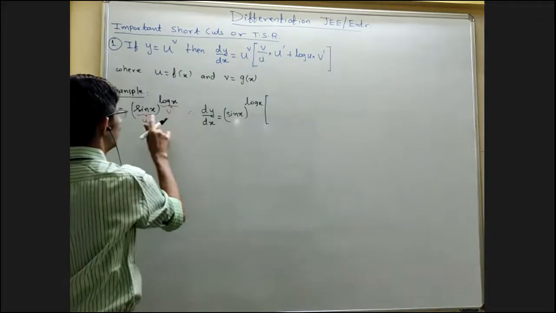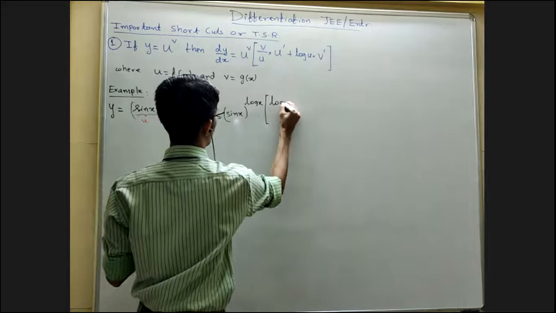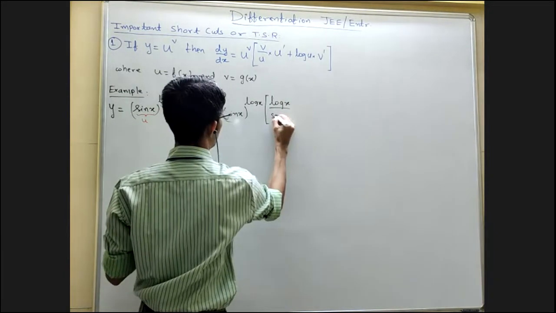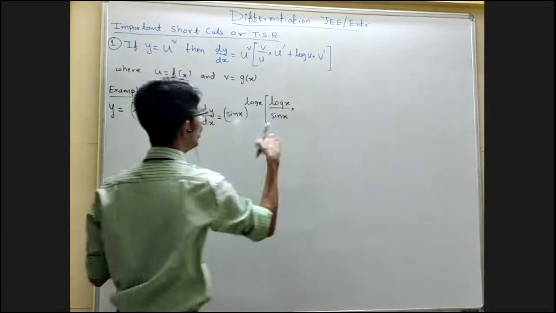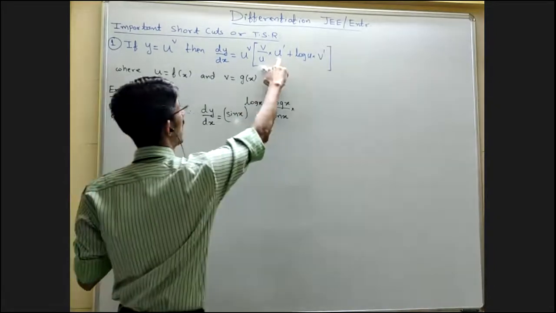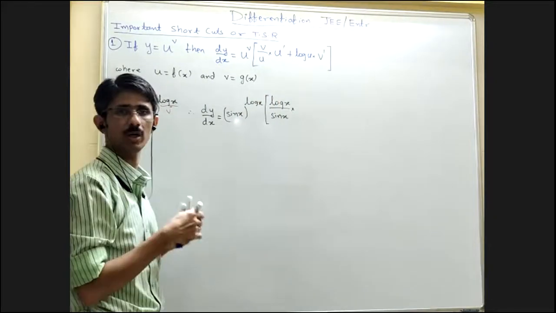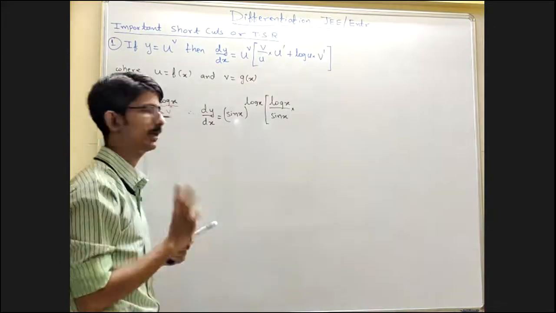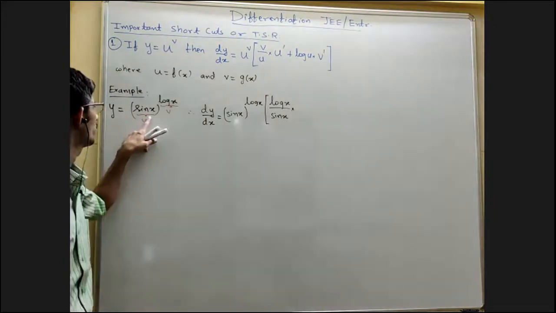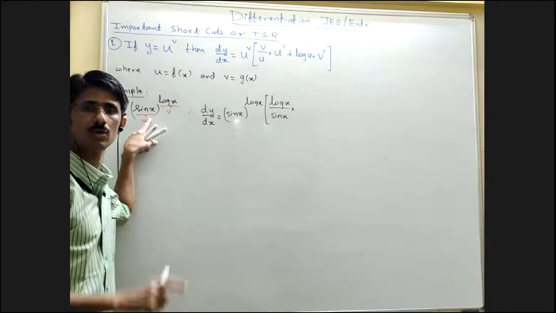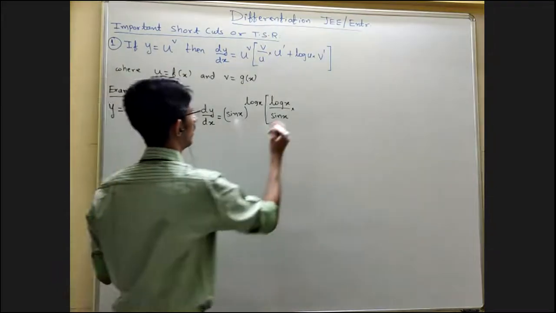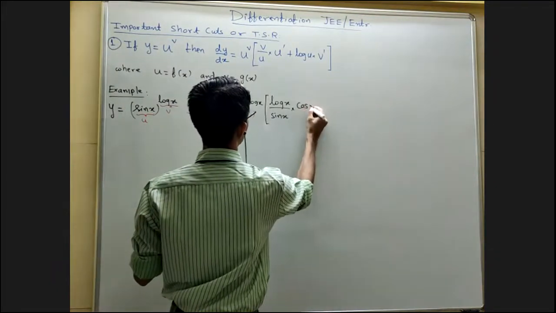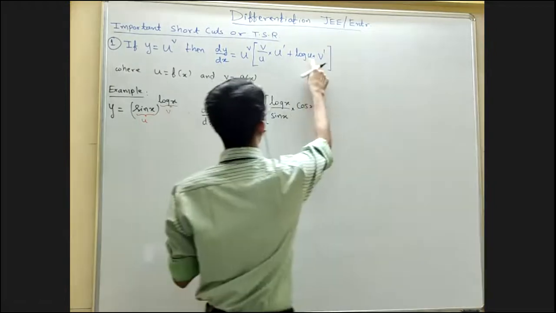So log x by sin x. Write down log x by sin x into u dash. U dash means what? Derivative of u with respect to x. So u क्या है students? U is sin x. So sin x का derivative is nothing but cos x plus log u.